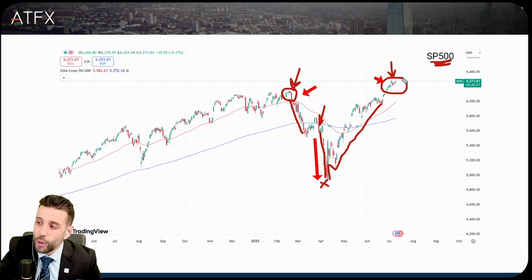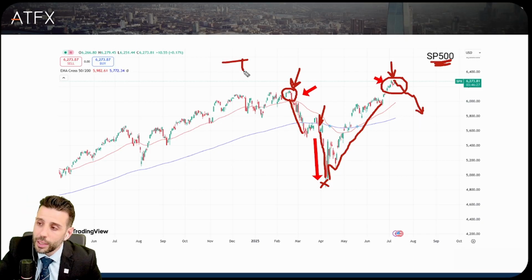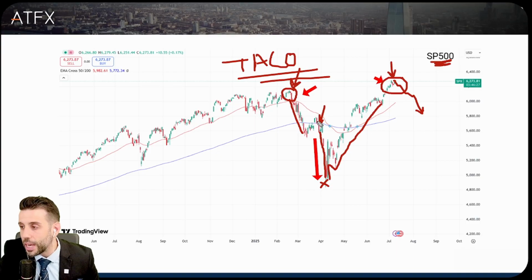Obviously, Wall Street traders don't believe anymore that the tariffs are going to be put in place, because otherwise we would see this falling again, and it's not happening. So that is why we are seeing the TACO feeling on Wall Street. Trump always chickens out. He's not going to take the step of applying tariffs this time.